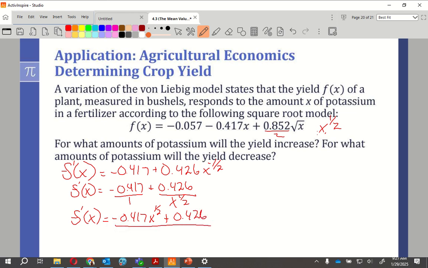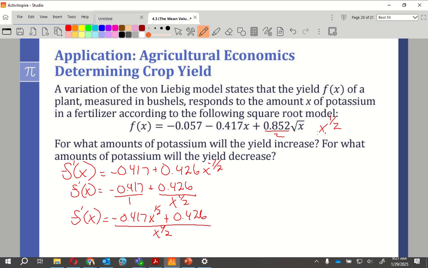All this here, by having the common denominator, is x to the 1/2. Are we okay so far? Yeah? Okay.